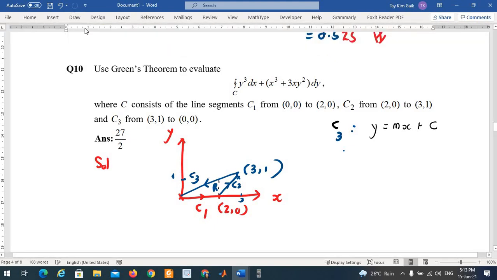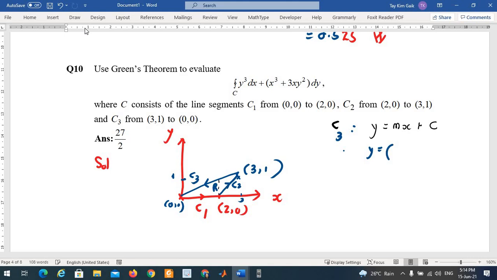Using y equals mx plus c will be suitable for curve C3 because we have the y-intercept. Here the y-intercept is 0 because C3 touches 0, 0. And you need to find the slope for C3.